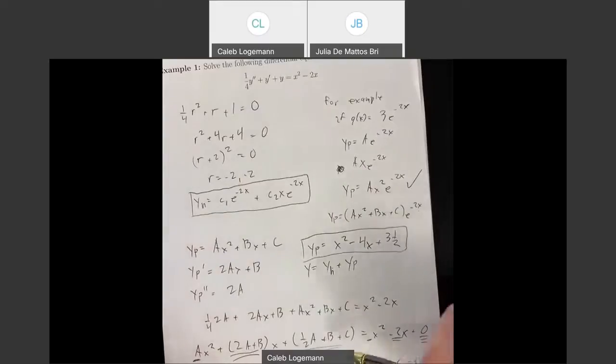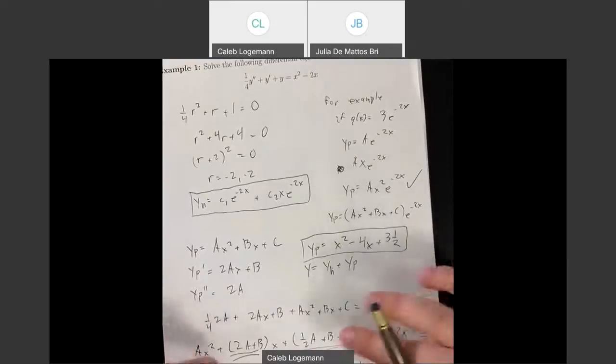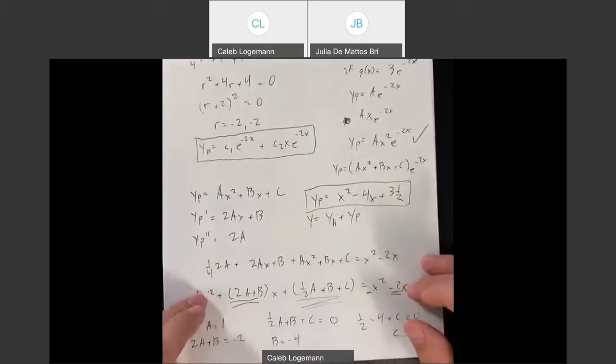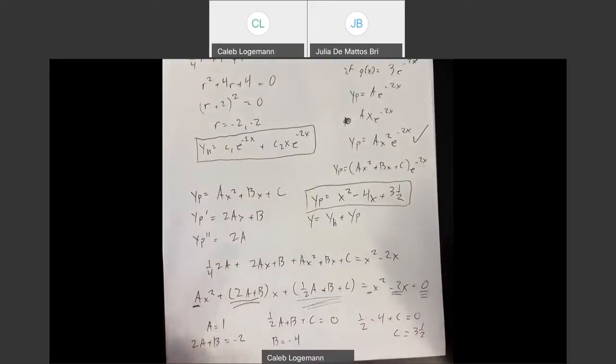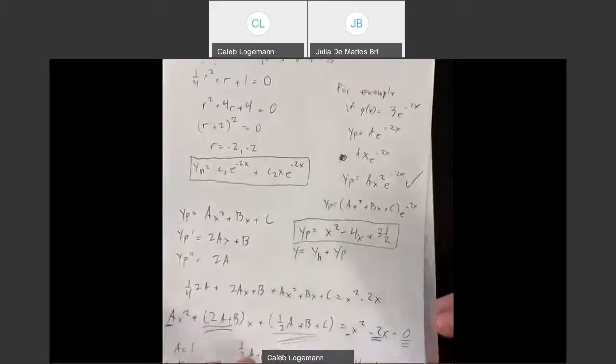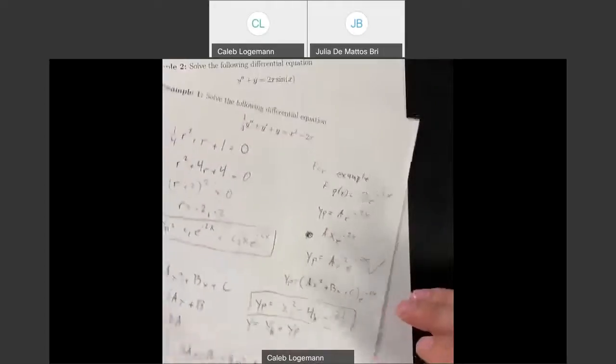The reason we can match up the coefficients is because we're not just trying to find a point where these two things are equal. We're trying to find the coefficients where these two sides are exactly the same. So that's the general example.